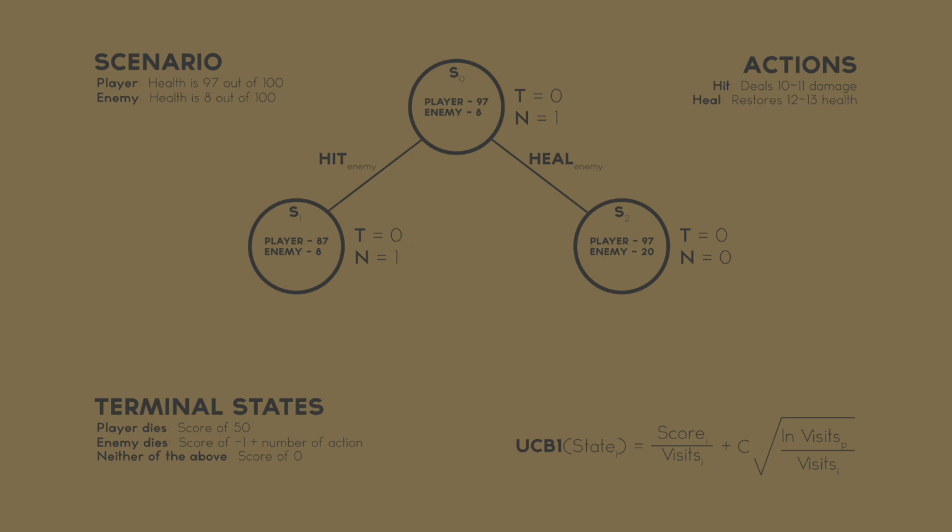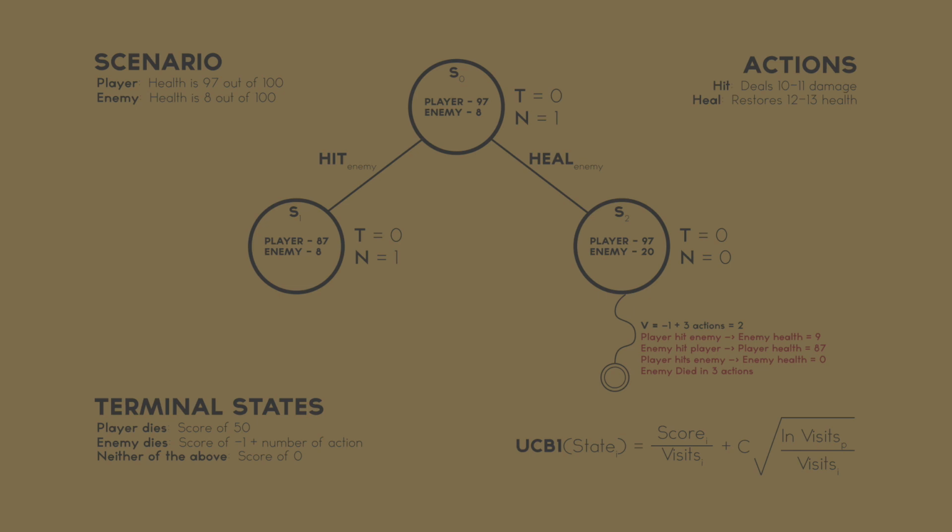State S2 is chosen since the visit count is 0. A rollout is performed. The player hits the enemy with max damage of 11, resulting in the enemy health at 9. The enemy hits the player, resulting in the player's health of 87. The player hits the enemy, which results in the health of 0. The enemy is dead. 3 actions took place.